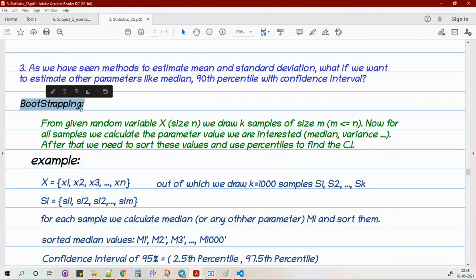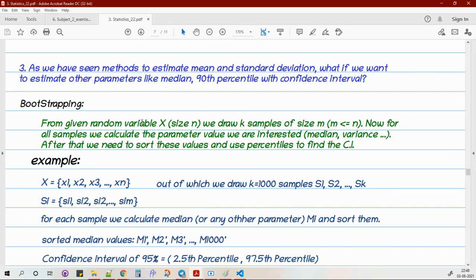You can rely on bootstrapping much more, because it is not using any formula or theory. It's just taking random samples out of your population, and the more samples, the better it is. So it's kind of like the CLT.